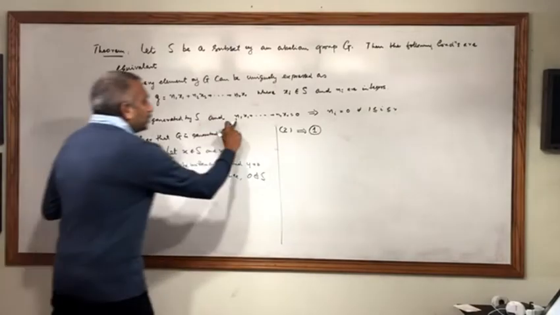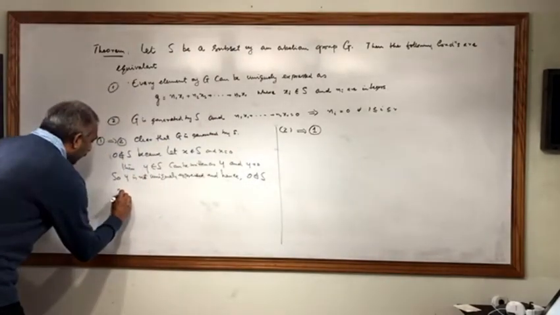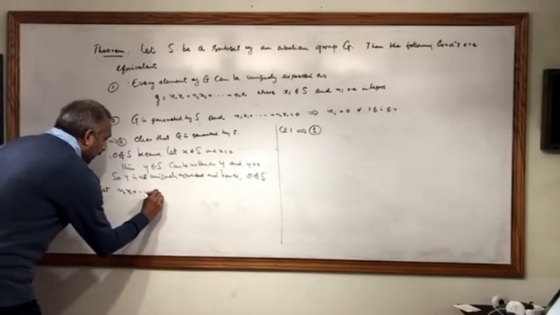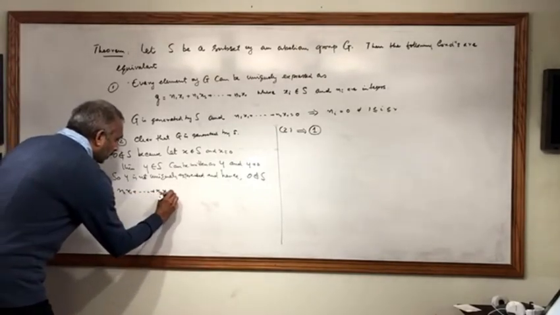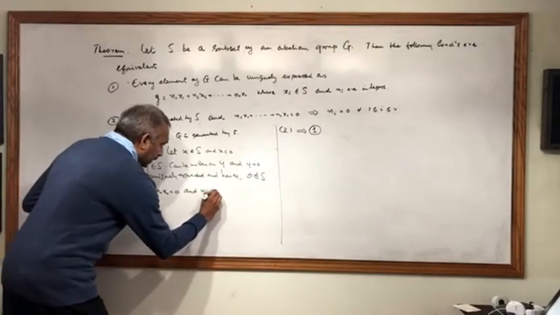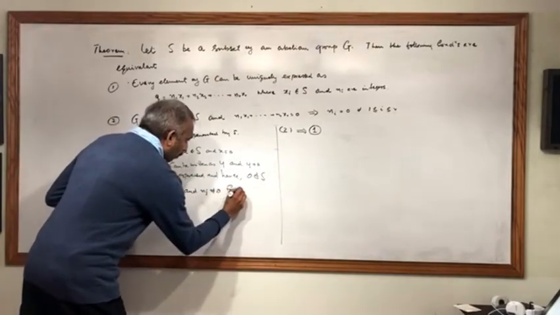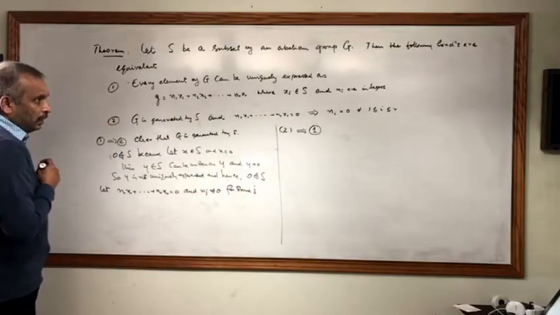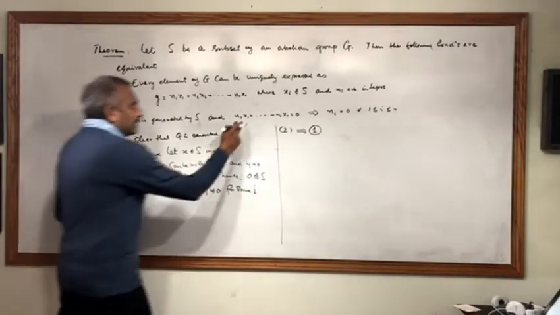Now let us assume n1x1 plus ... plus nrxr equals 0 and nj is not equal to 0 for some j. If all nj's are 0, there is nothing to prove.